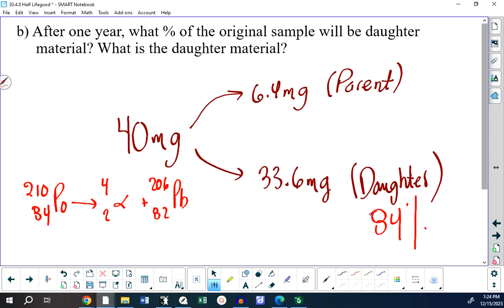About a year later, 84% of the sample will be lead-206, and the other 16% of the sample will be polonium. I hope you understand that if this represents the block of material to begin with, there will not be some kind of line here where everything to the left of the line is the 16% that hasn't decayed, and everything to the right is the stuff that has decayed.